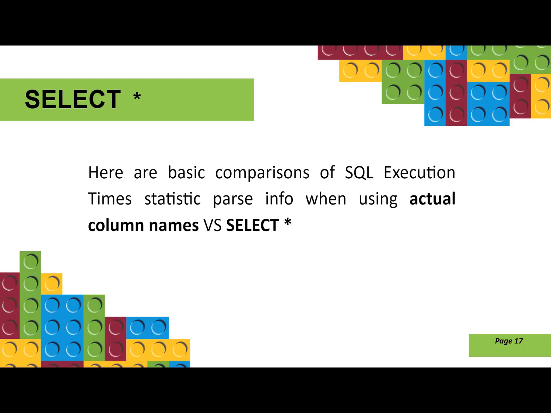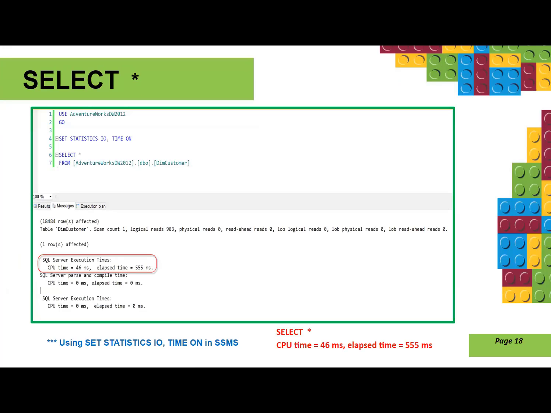So here is a basic comparison of SQL execution time statistics, the statistics parse info, when using actual column names versus select star. I took the AdventureWorks database just for an example. Using select star is just a very basic query: from DimCustomer, select star.